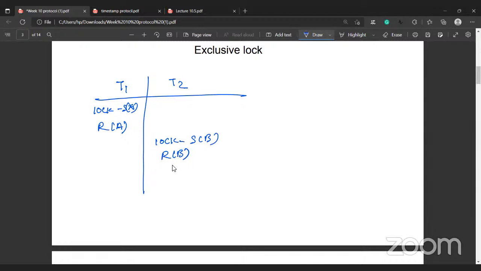Read B, unlock B, right? Then again exclusive lock on B, and then write B and unlock B. So again a shared lock is applied.